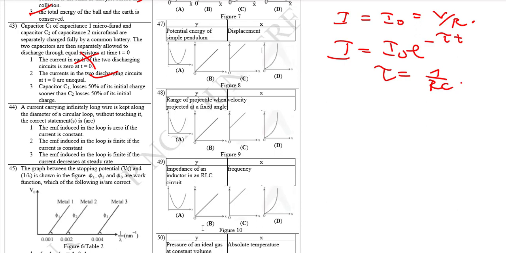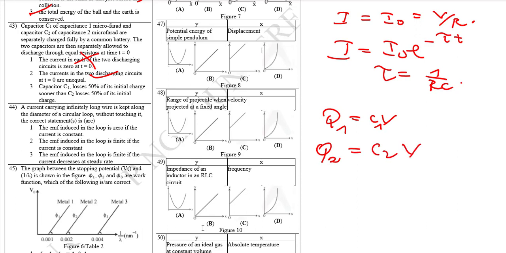Capacitor C1 loses 50% of its initial charge sooner than C2. Definitely. Why? Because the capacitance of one is half the other, and Q is equal to CV. Let's say Q1 is equal to C1V, Q2 is equal to C2V.